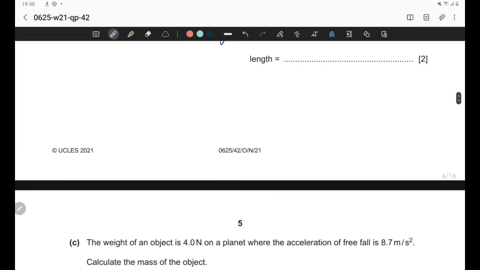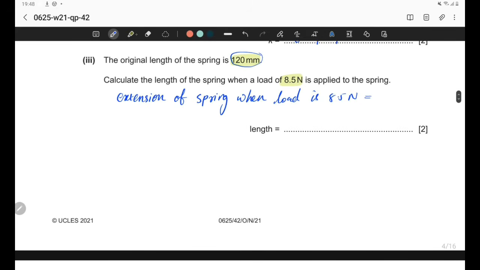So the extension of the spring at 8.5 Newton is 60 millimeter, so the new length of the spring will be its original length or initial length, that is 120 millimeter, plus the additional extension when 8.5 Newton is applied, which is 60 millimeter, which we got from the graph. Therefore, the answer is 180 millimeter. So the length of the spring will be 180 millimeter.